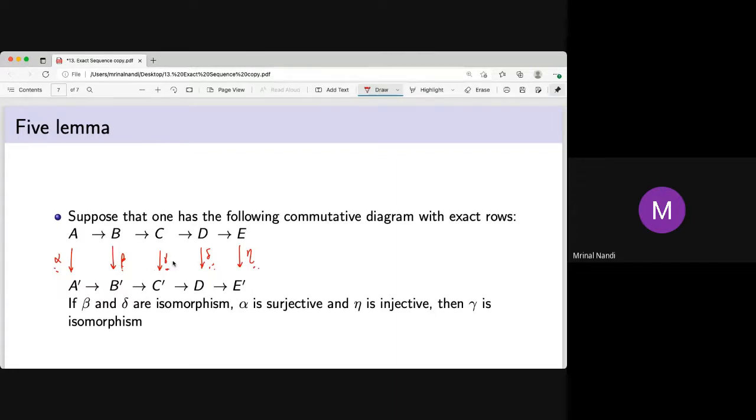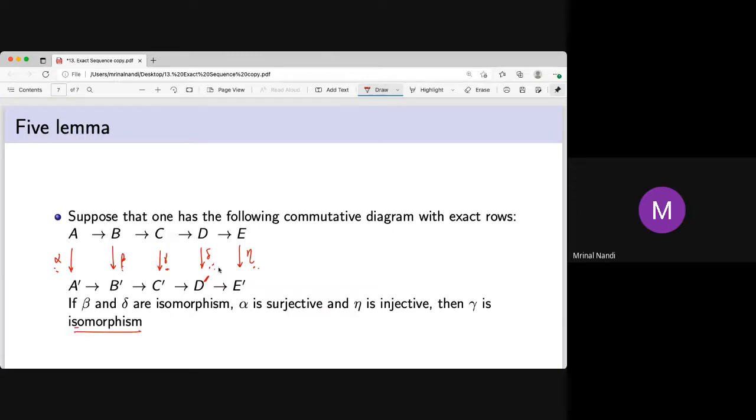So gamma is injective as well as surjective from the previous two four lemmas. First the four lemma is used on A, B, C, D, A dash, B dash, C dash, D dash, and then we use the second part of the four lemma on B, C, D, E and B dash, C dash, D dash, E dash. We prove gamma is surjective as well as injective, so gamma is an isomorphism.